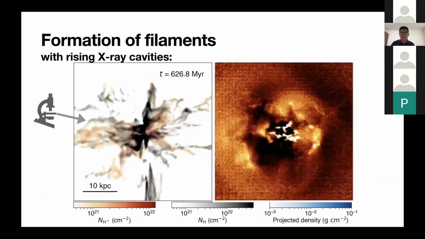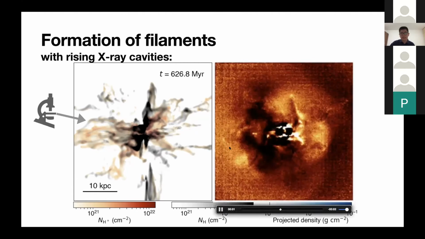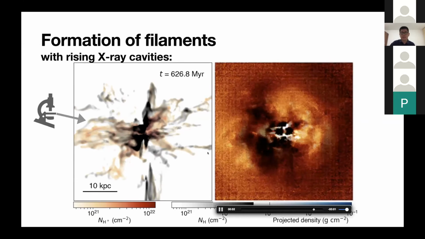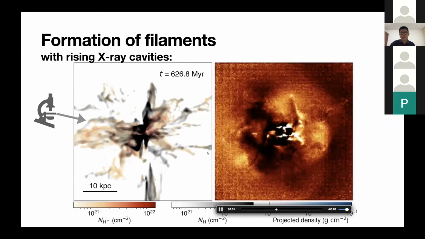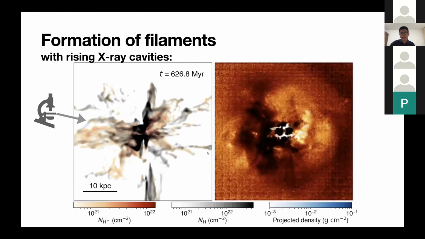We can see through this combination of 3 snapshots that there's a cavity right here co-rising with the filaments. This is also a phenomenon observed in real clusters, where filaments are sometimes encasing or surrounding the X-ray cavities.